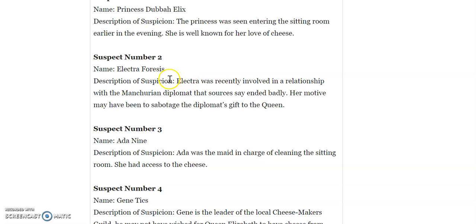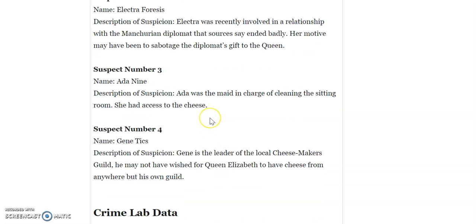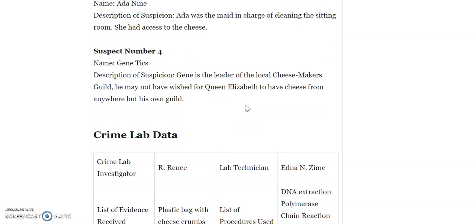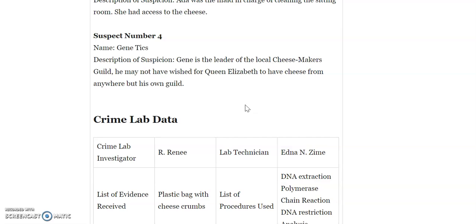Electra was recently involved in a relationship with the Manchurian diplomat that sources say ended badly. Her motive may have been to sabotage the diplomat's gift to the Queen. Suspect number 3 is Adna 9. Adna was the maid in charge of cleaning the sitting room. She had access to the cheese, so she could have easily stolen it. Suspect number 4 is Jen Trix.